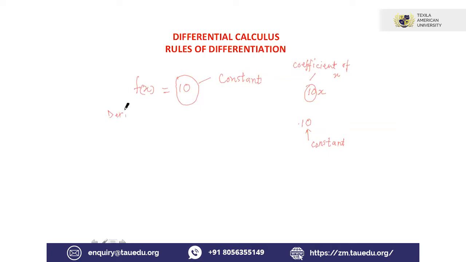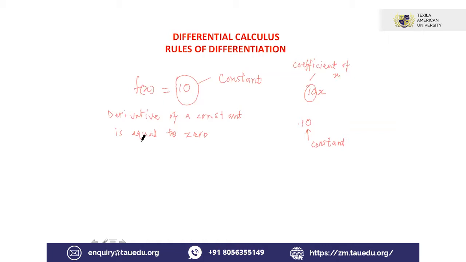Derivative of a constant is equal to 0. So it means anytime that we are finding the derivative of any constant, the result is 0. I want everyone to pay attention.